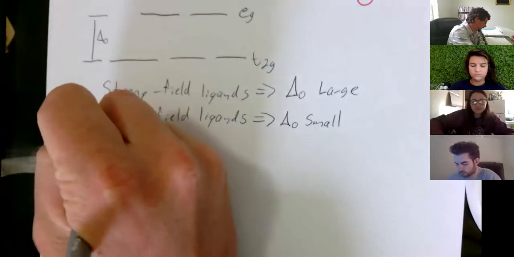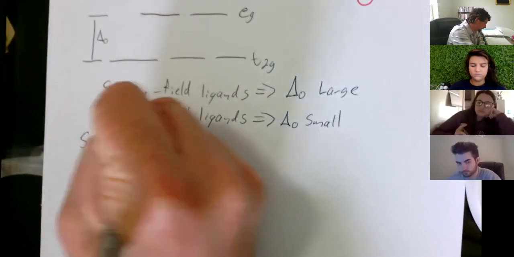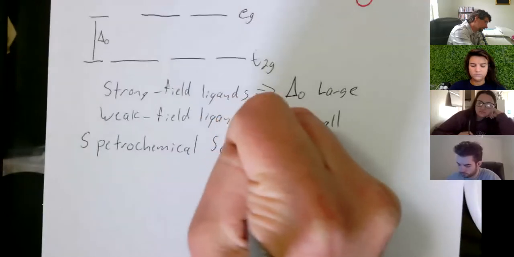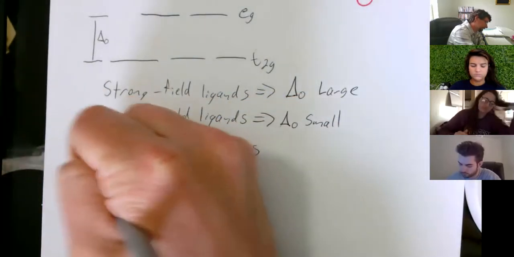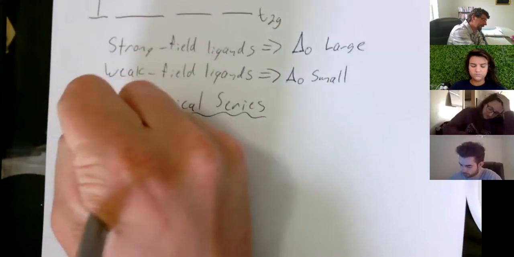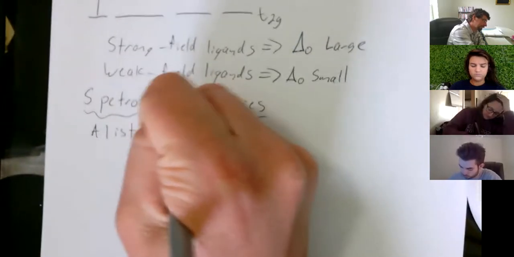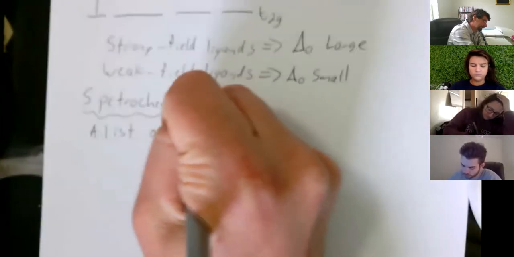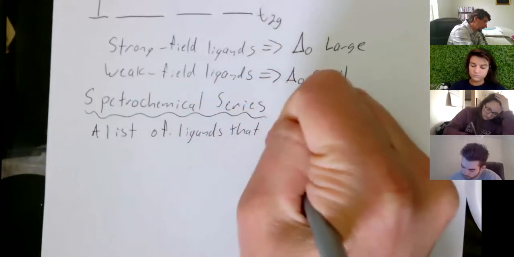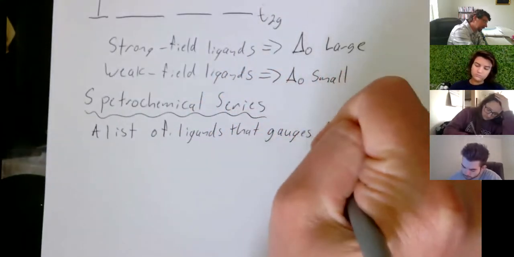Let's talk about the Spectrochemical Series. It's a list of ligands that gauges delta O.